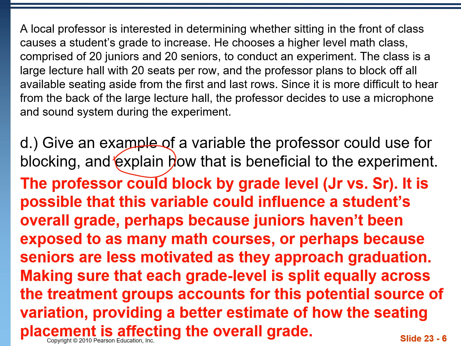That way, the variable of grade level is spread across both our treatment groups in the sense that they will equal each other out, and the only difference across the two groups is really where their seat was. This is going to give a better estimate of how the seating placement is affecting that overall grade.